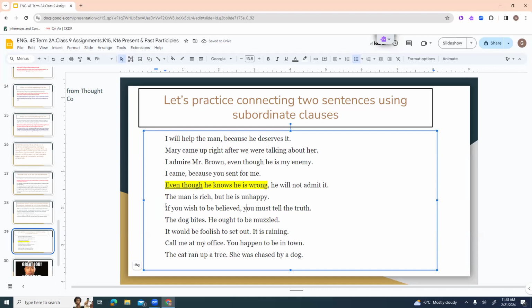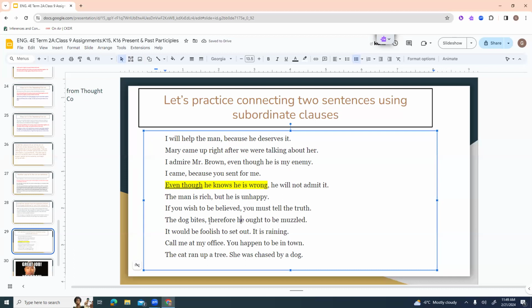The dog bites. He ought to be muzzled. How can I connect those? The dog bites, therefore, right? I'm giving you the reason. Because doesn't quite make sense there, right? The dog bites, therefore, he ought to be muzzled. Okay, that makes sense to me.